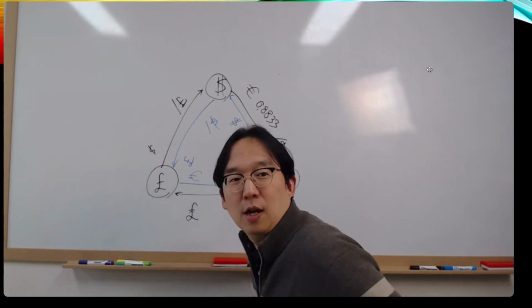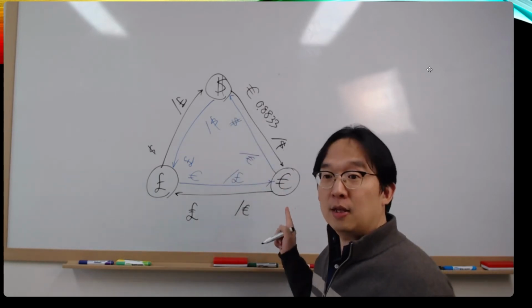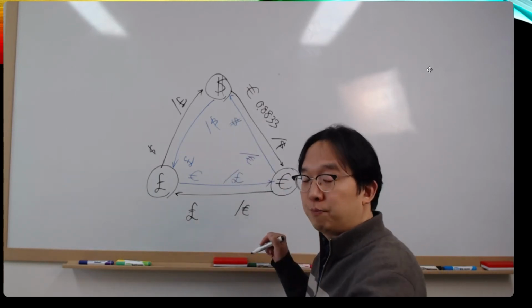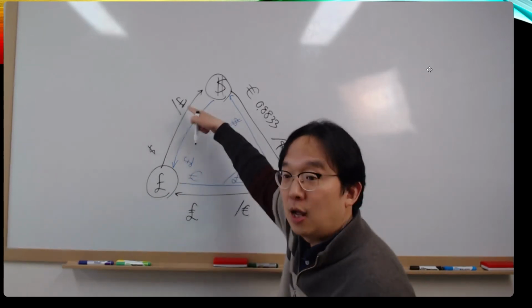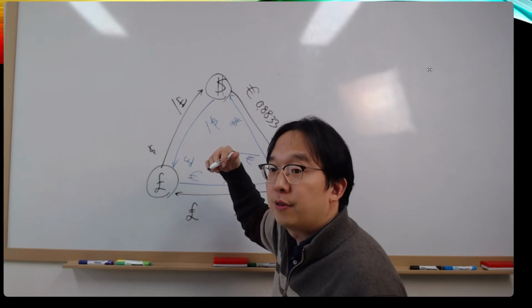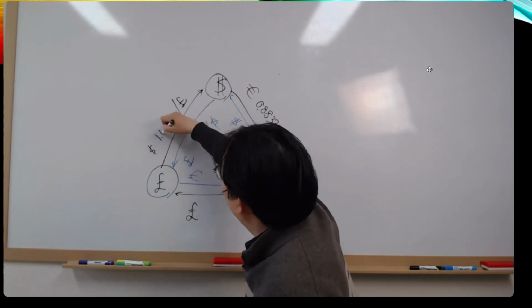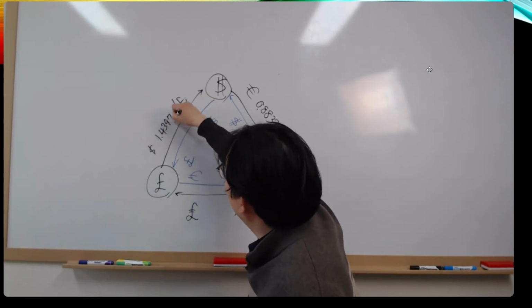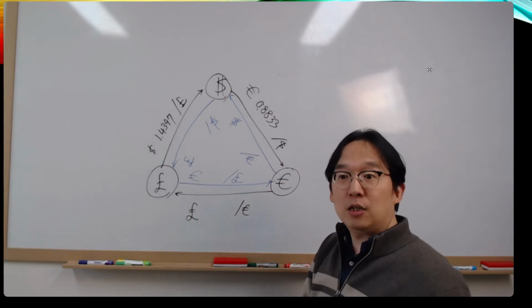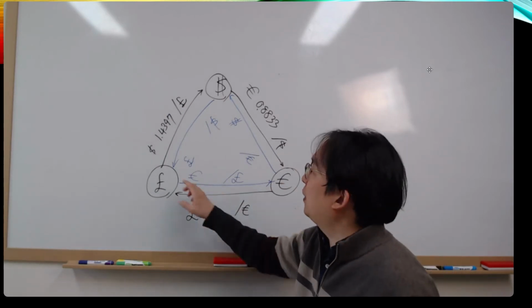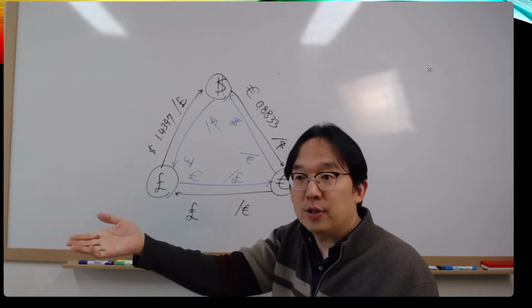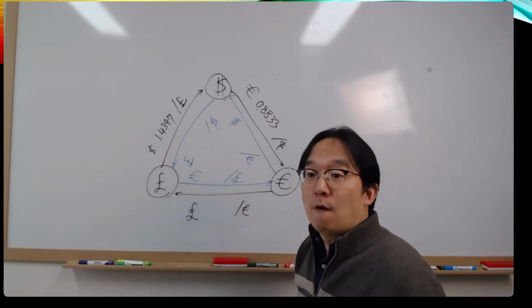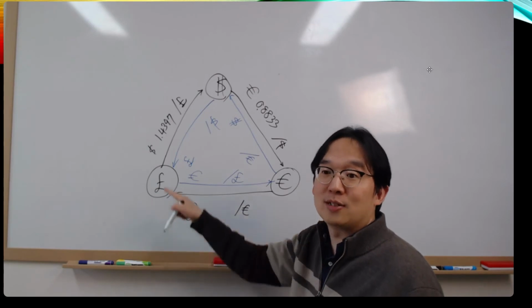And US dollar per British pound is 1.4397. 1.4397 US dollars per pound. So if you give a British pound, they will give you 1.4397 US dollars.